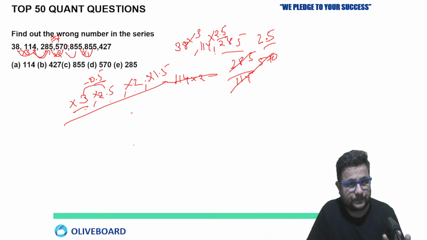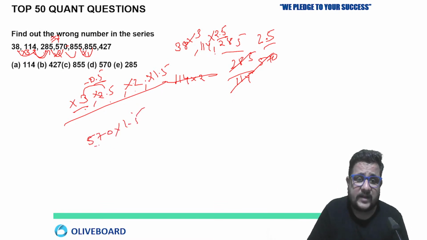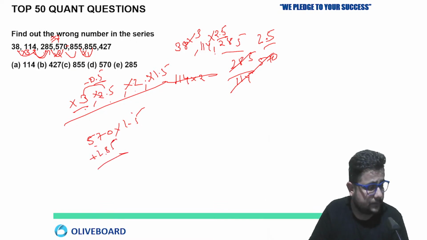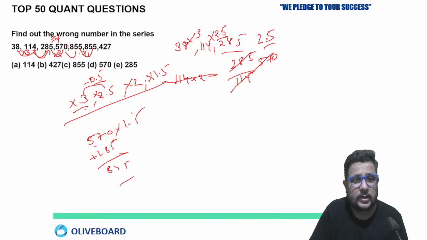Getting it? So next must be 1.5. So see, 570 multiply 1.5. How will you do it? 50% of 570 is going to be 285. Just add here, so you will get 855. Yes, this is also correct. Now after multiplying 1.5, there must be a multiplication of 1.